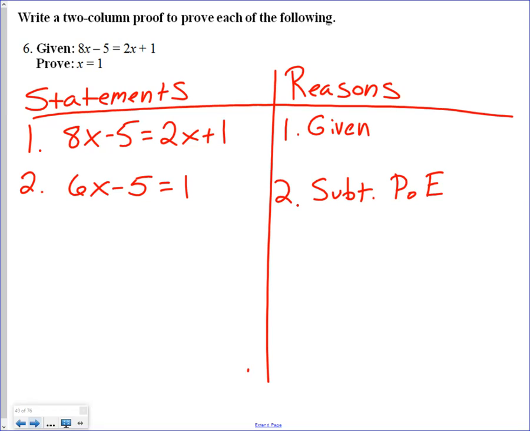I prefer POE to just prop. You could do prop and then an equal sign. There is addition and subtraction by itself, which is the problem. So if you're doing it on one side by itself, you might call it just subtraction.